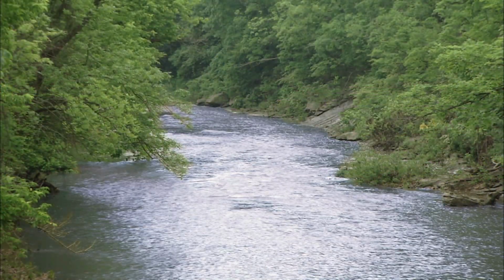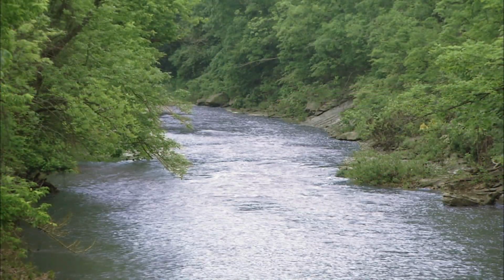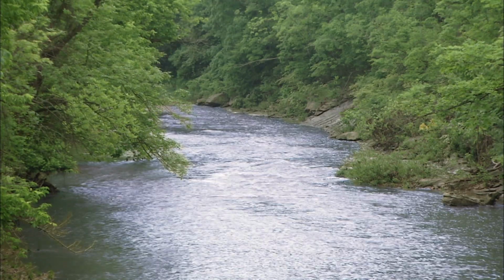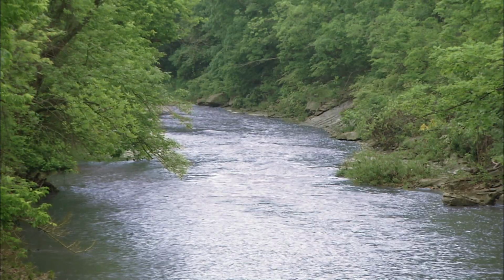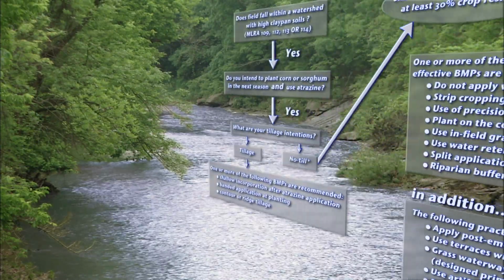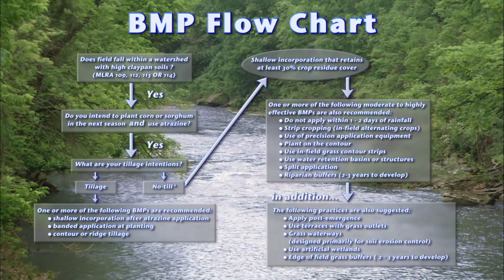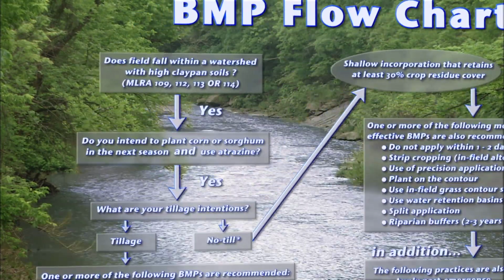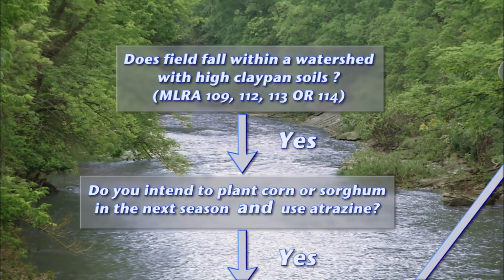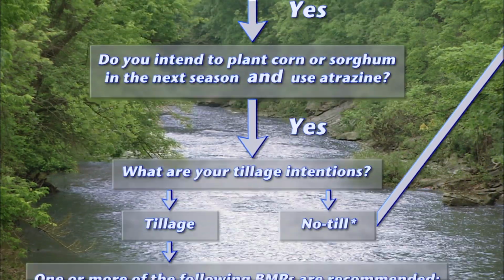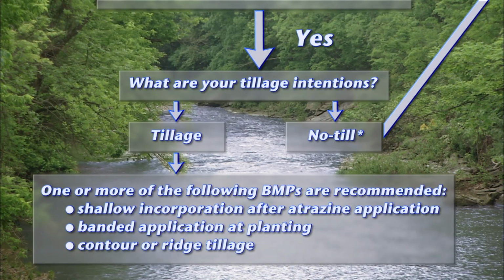Although there is no single best practice to meet every individual need to keep atrazine in place, the risk can be minimized through education and preparation. This flowchart presents the producer a means to determine what practices to consider when applying atrazine in fields with claypan-like soils. Suggested best management practices are identified depending on the tillage system that the producer prefers.